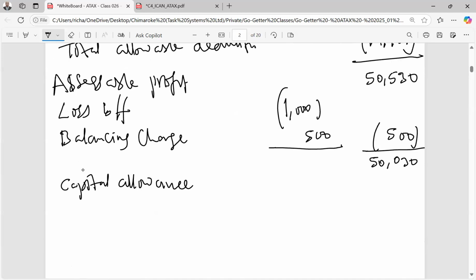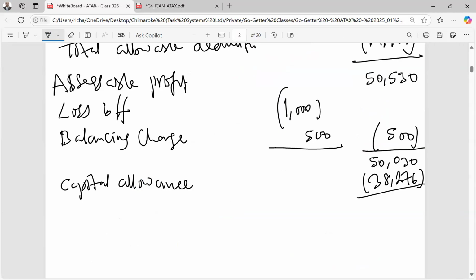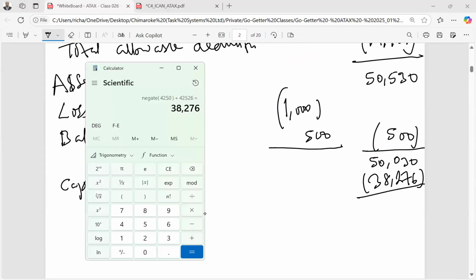38,276. So we'll come here. 38,276. That's our capital allowance. Remove it from 50,030.